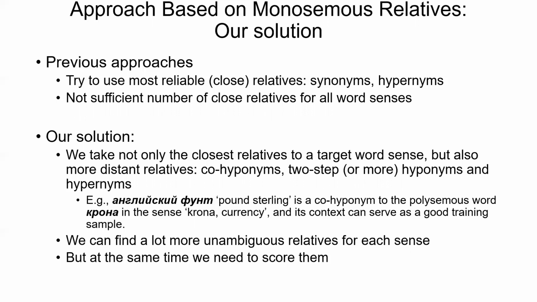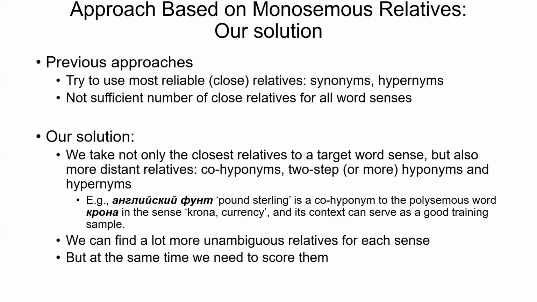The central idea of our method is that a training collection can be built not only with the direct relations like synonymy, hyperonymy, and hyponymy, but also with far more distant words such as cohyponyms, two steps or even more hyponyms and hypernyms.